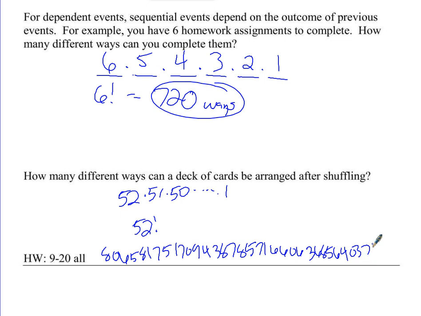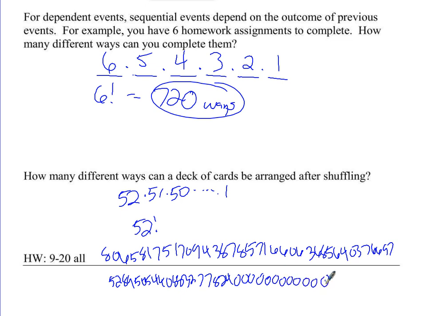Okay, there we are. 6697. I need to go down to the next line. 528950544088832. 77824, and then a bunch of zeros. 1, 2, 3, 4, 5, 6, 7, 8, 9. Looks like 12 zeros. That is how many different ways a deck of cards can be arranged after shuffling.